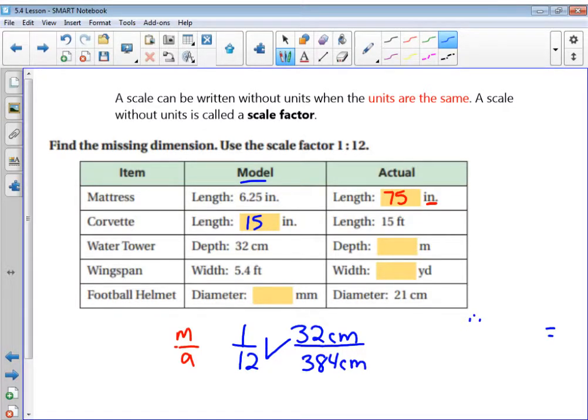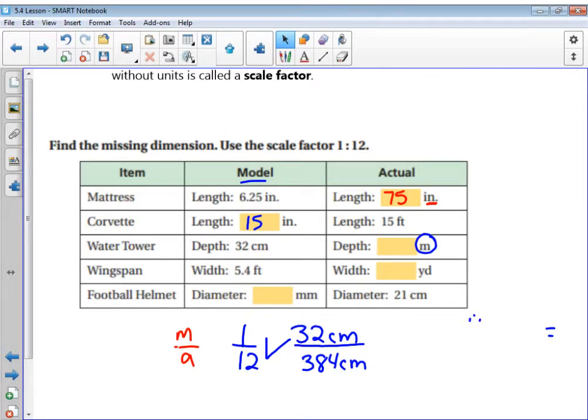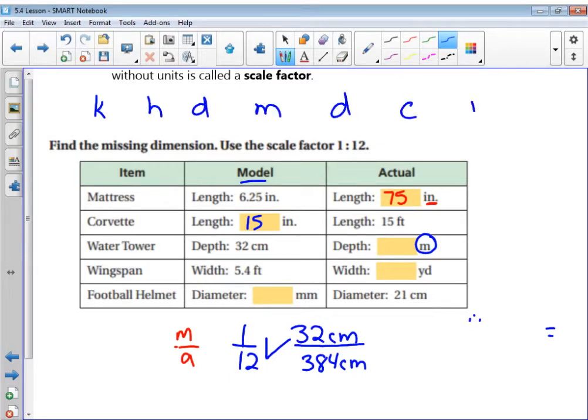Now we have to remember it's asking for the final answer in meters. So this is where we go back to remembering King Henry Doesn't Usually Drink Chocolate Milk, and then I'll put my M's behind each of these. This is a DKM.